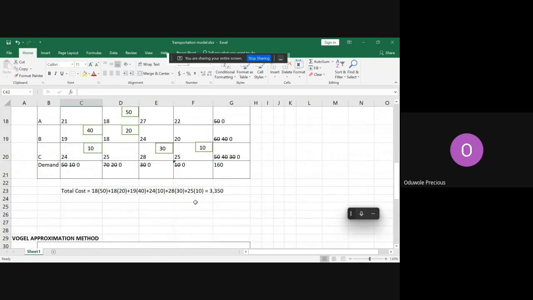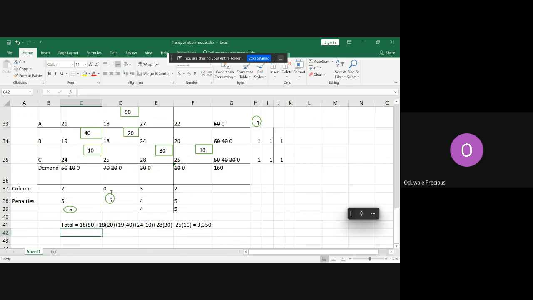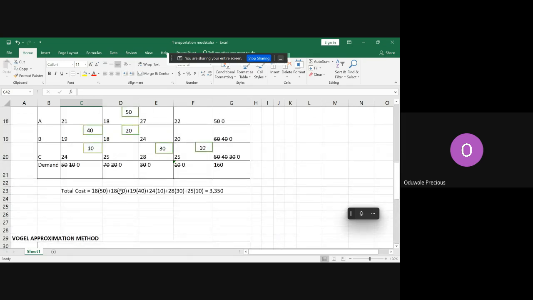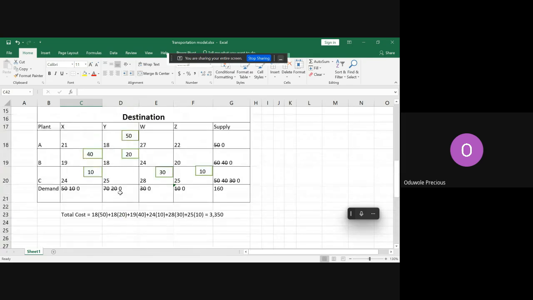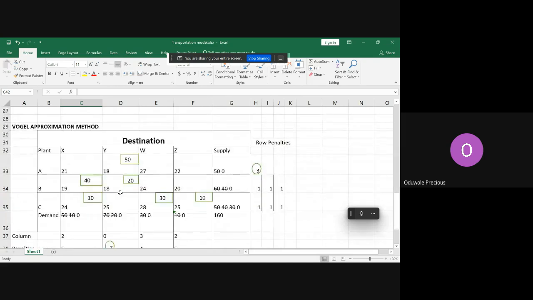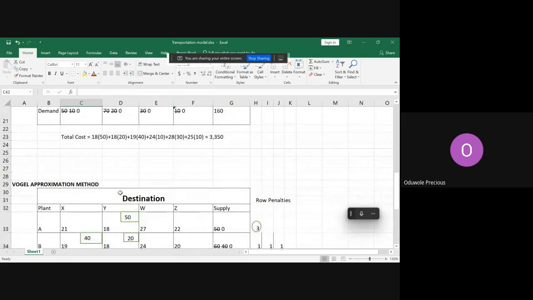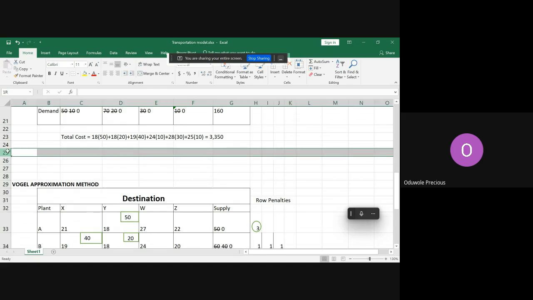You can see now it's almost the same thing as this: 1850, 1850, 1820, 1820, 1940, 2410, 2830, 2510. So actually, from the look of things, Vogel and least cost will give you the same thing.